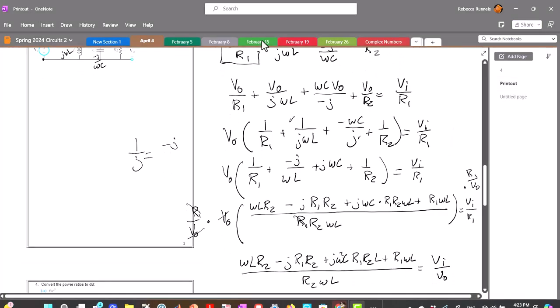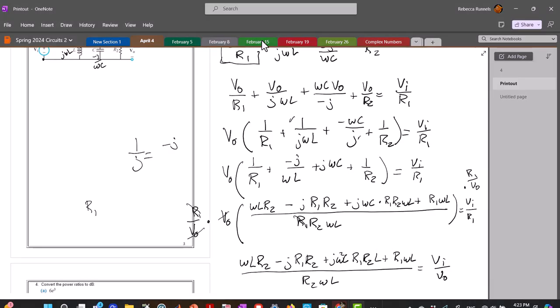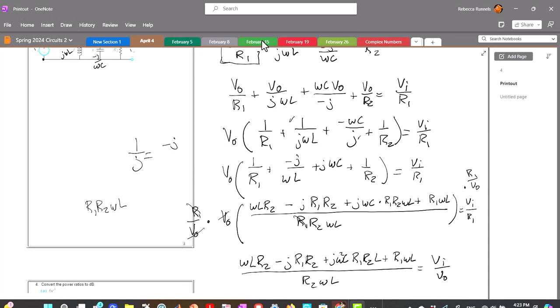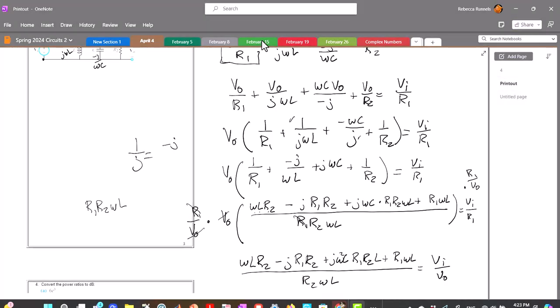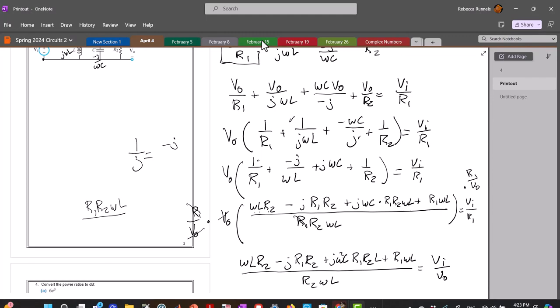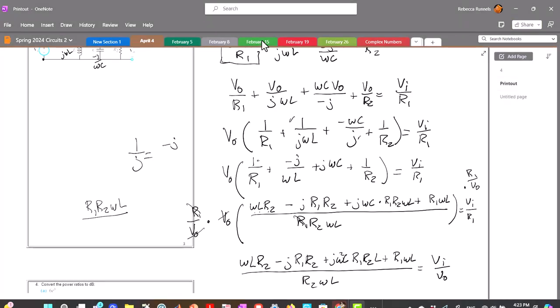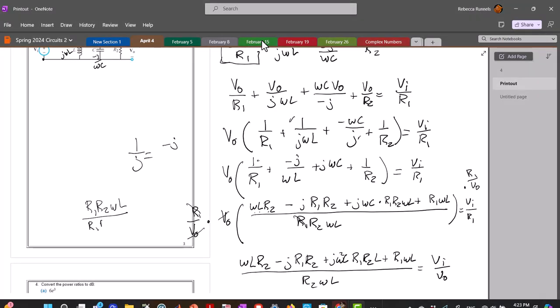And then I got a common denominator, which is going to be R1 R2 omega L. So I multiplied everything by R1 R2 omega L over R1 R2 omega L to get the common denominator.